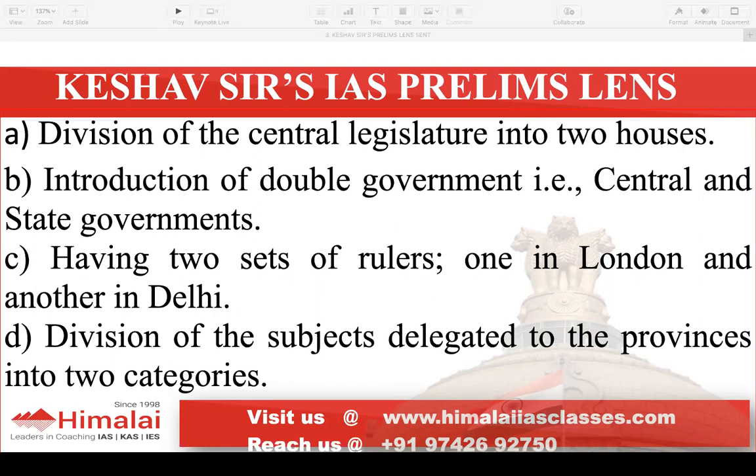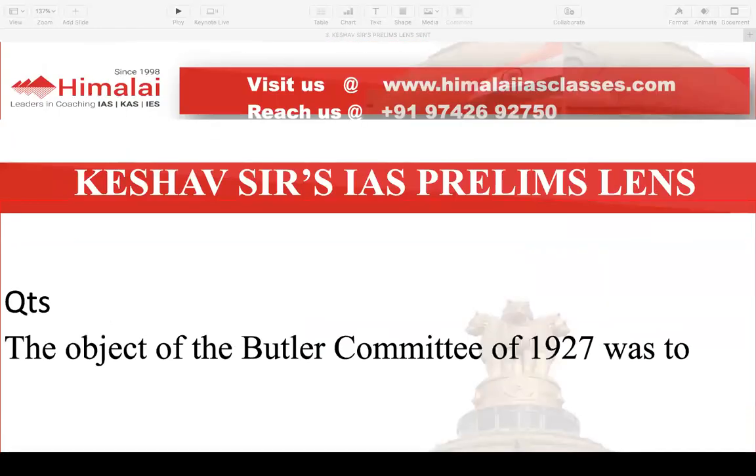So in the Government of India Act 1935, diarchy system in provinces was abolished. If you see statement A, that talks about bicameral legislature. If you see statement B, it would talk about federalism or federal structure. If you see statement C, that is definitely wrong. So answer is option D.